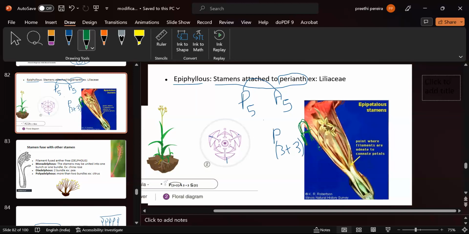You will write 6. 6 androecium, and there is a joint between them like this. So this is how you represent it. Got it? This is for lilies. Write down this epiphyllous and let me know.